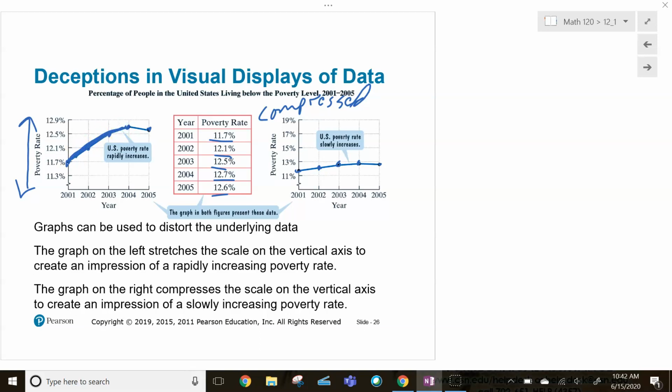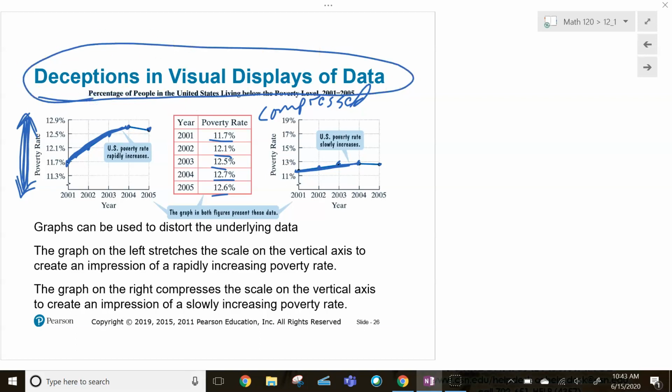Well, it's not really showing that over here. Again, depending on that scale, your horizontal scale, depending on that compression, can really help you bolster an argument potentially, right? You don't want to be deceptive in your visual displays of data. You try not to be deceptive, right?